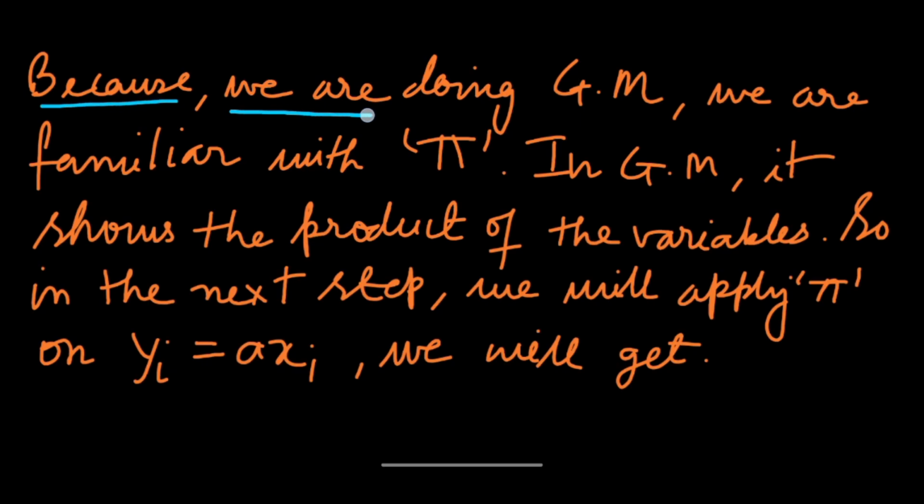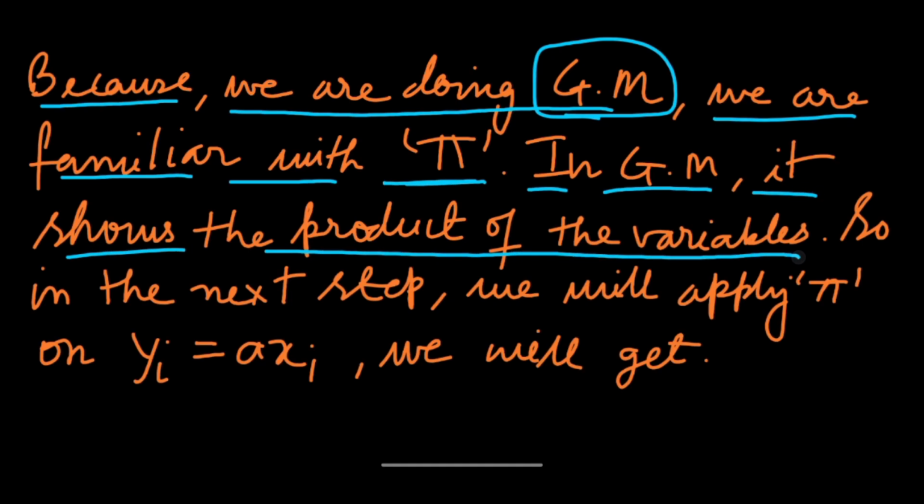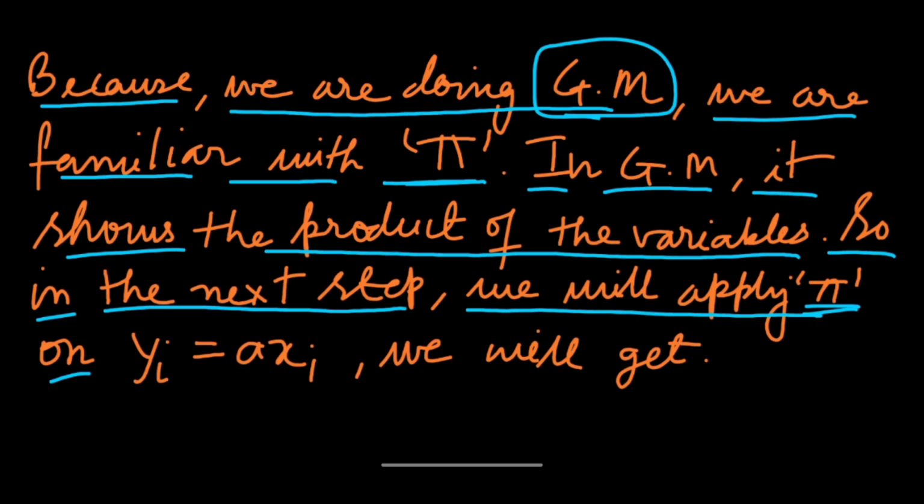Because we are doing geometric mean, we are familiar with pi. In geometric mean, it shows the product of the variables. So, in the next step, we will apply pi on the equation yi equals axi.